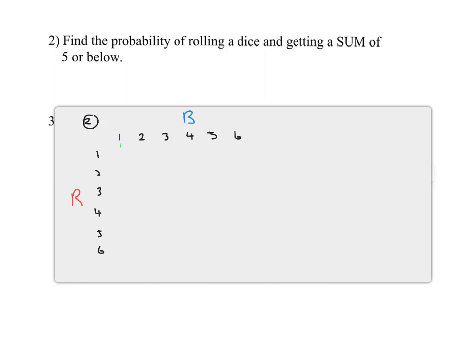So 1 plus 1 is 2. 1 plus 2 is 3. 1 plus 3 is 4, 5, 6, 7. 2 plus 1 is 3, 4, 2 plus 2, 5, 6, 7, 8. 3 plus 1 is 4, 5, 6, 7, 8, 9.